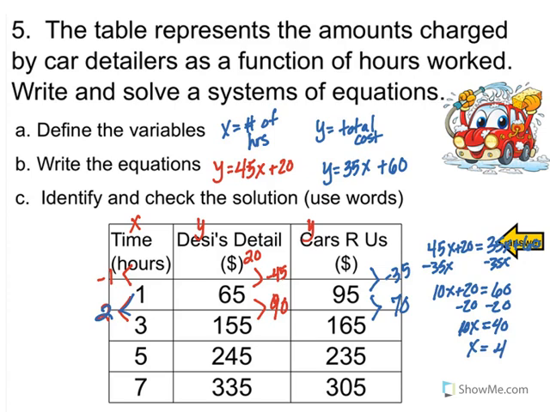Again, I take one of my two equations, and I plug it in to get the y. So let's take the first equation. So let's take y equals 45x plus 20. Y equals 45 times 4, because that was my x, plus 20. 45 times 4 would be 180, plus 20. 180 plus 20 is equal to 200.